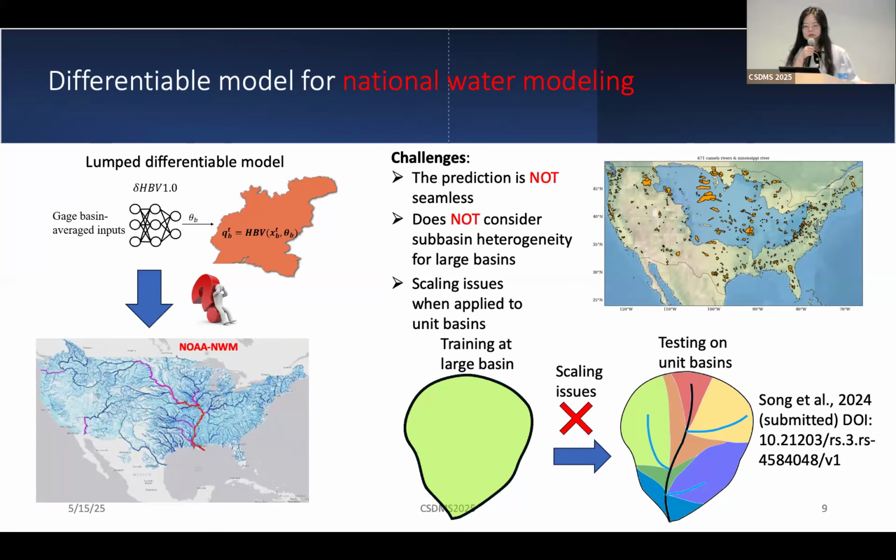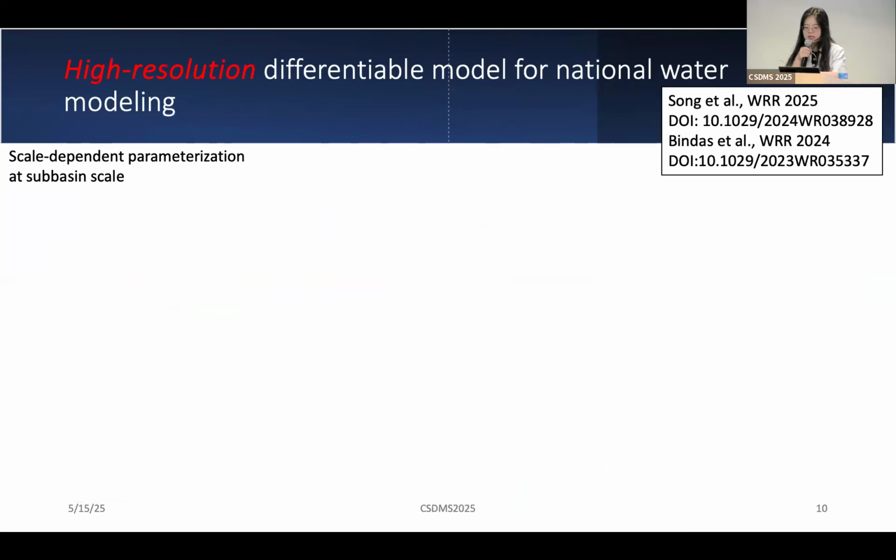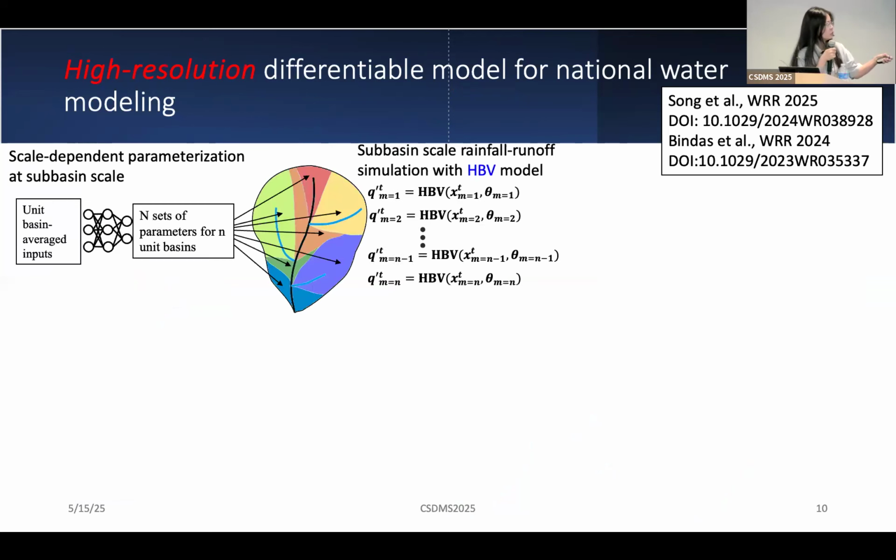Because of those challenges, this year we proposed a high-resolution differentiable model for national water modeling. The idea of this work is based on scale-dependent parameterizations at the sub-basin scale. This means we use the high-resolution input at the unit basins to estimate the parameters at the unit basins, and then we conduct the rainfall-runoff simulations with a hydrological model, for example HBV here, to simulate the runoff at the unit basins.